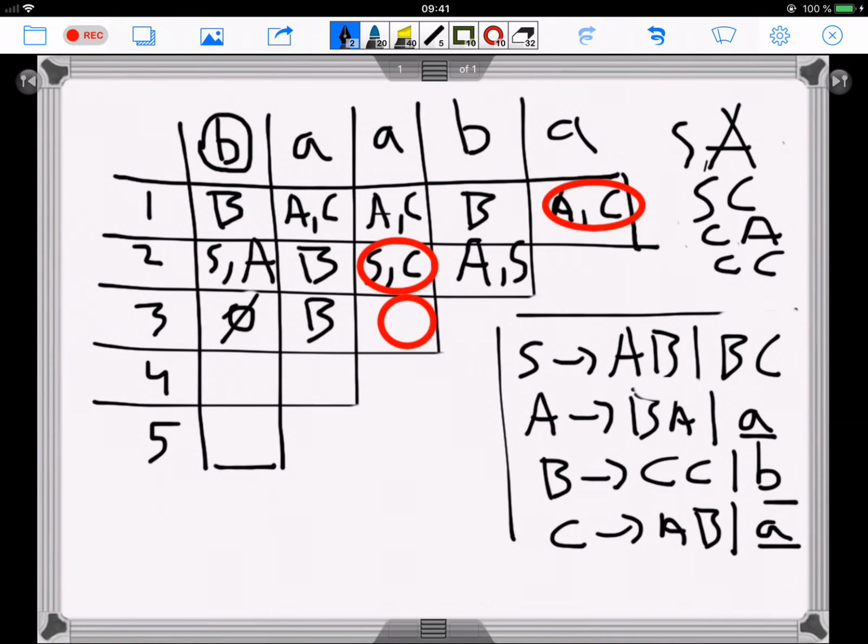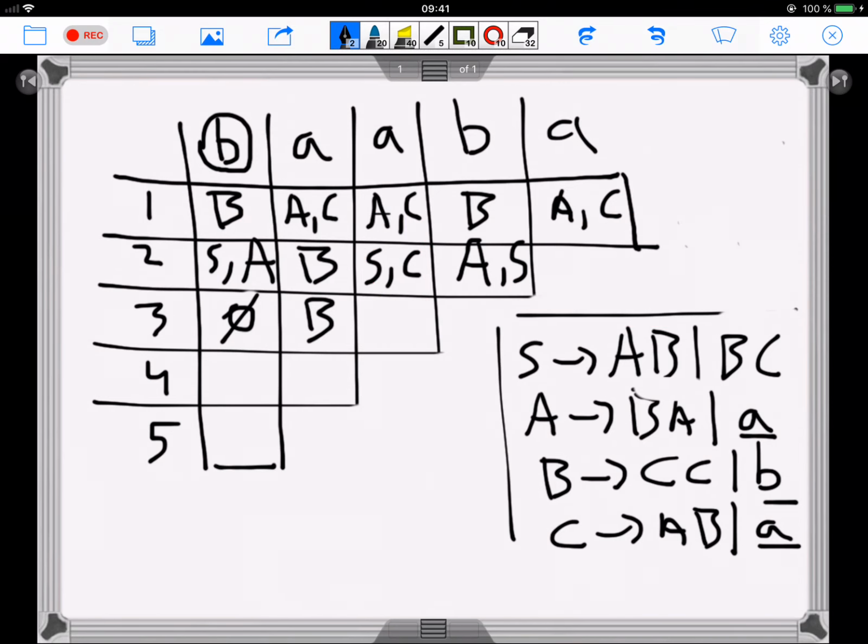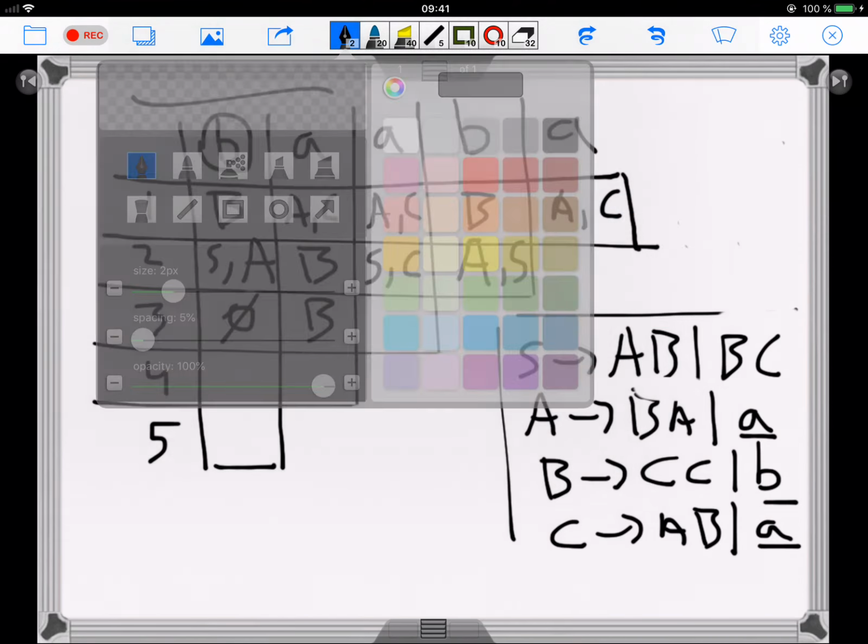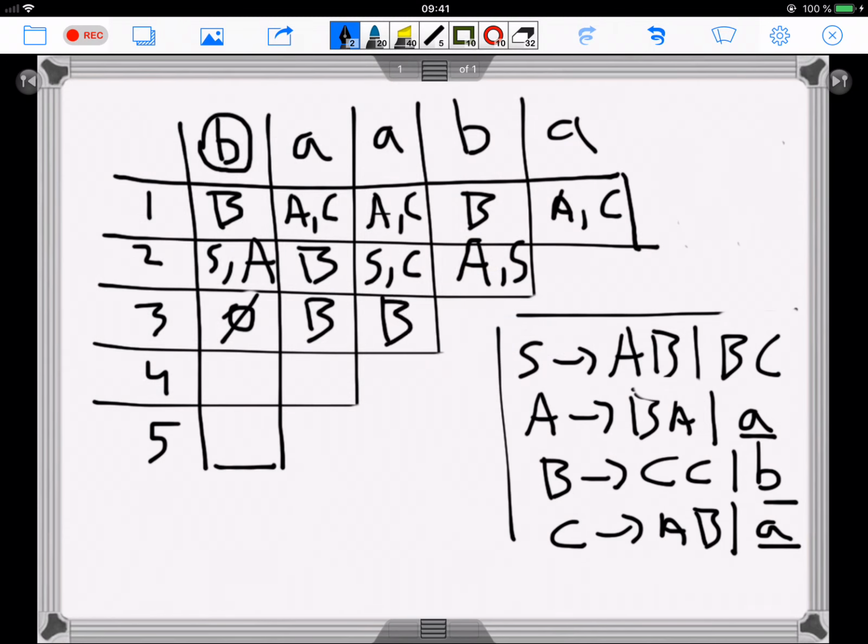And CC is generated by B, and the other pairs of variables are not generated in the grammar. Okay, so we are going to fill in this cell with B. Okay, now we go to this cell here. For that we need to consider first this one with this one, so the first row of the column and the closer cell in the diagonal.